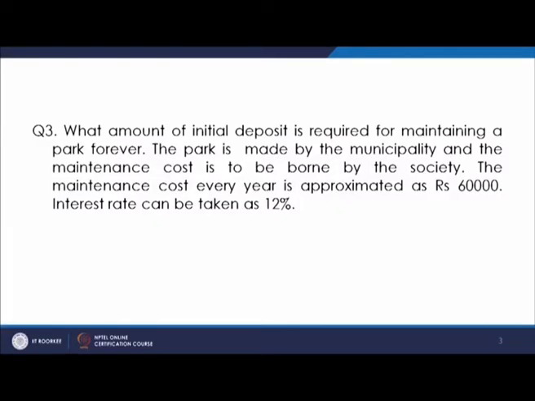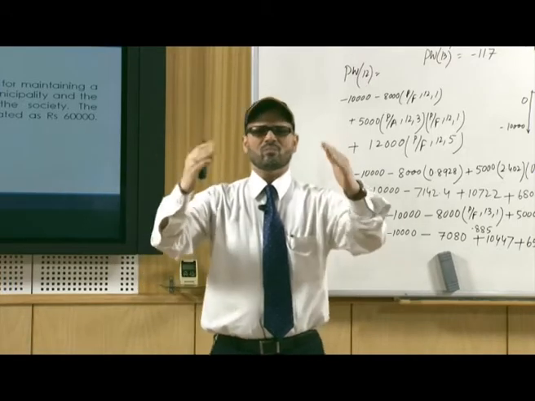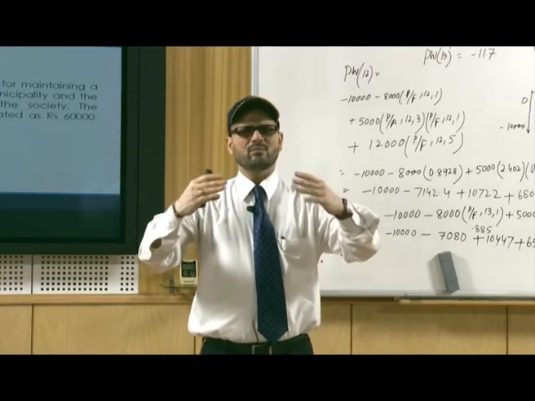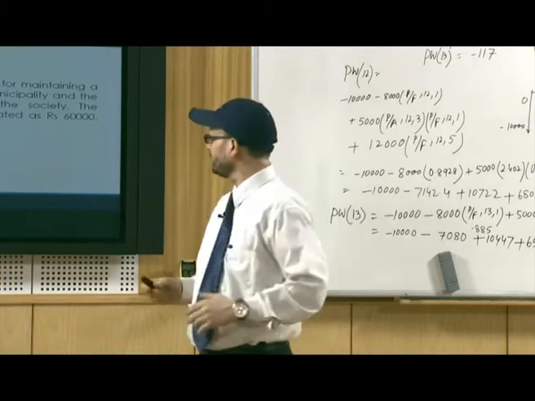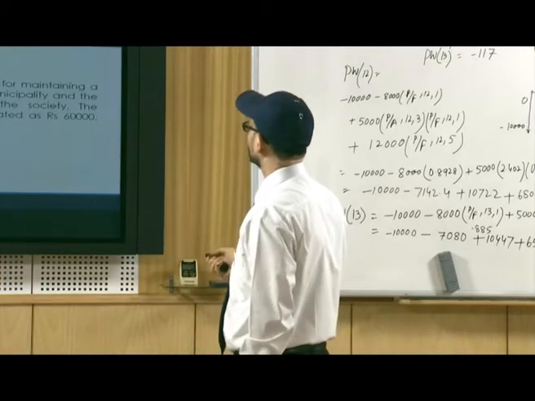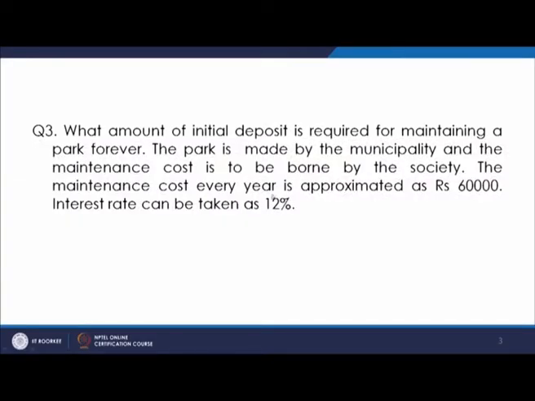Next question what we will discuss will be, you have to find the initial deposit amount which is required for maintaining a park forever. The park is made by the municipality and the maintenance cost is to be borne by the society. The maintenance cost is estimated as rupees 60,000 and interest rate is taken as 12%.